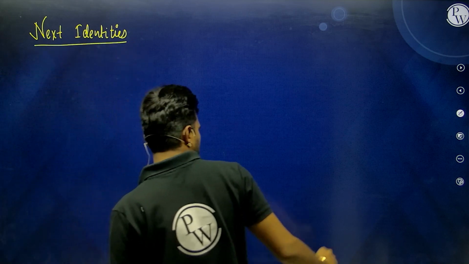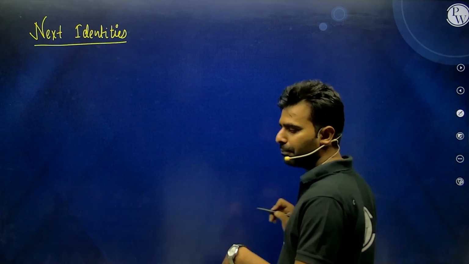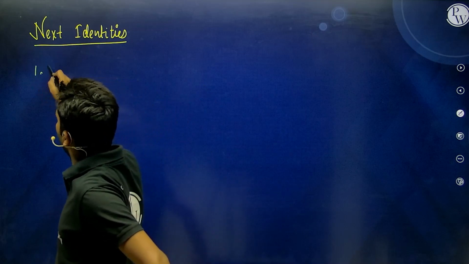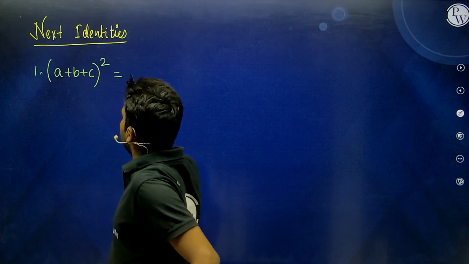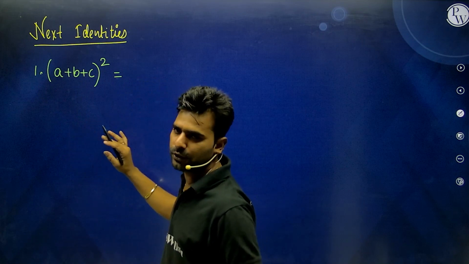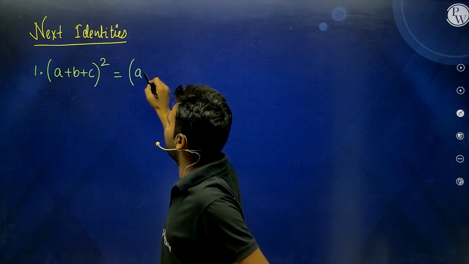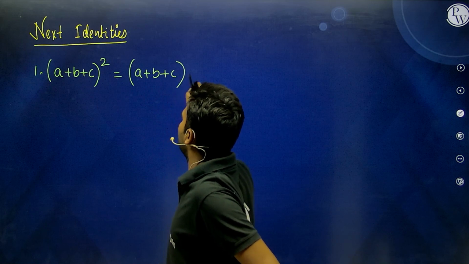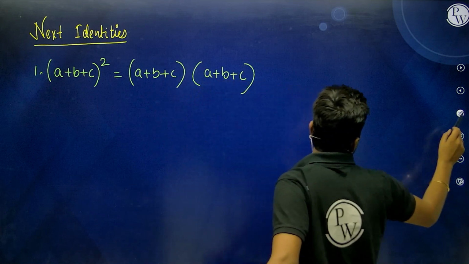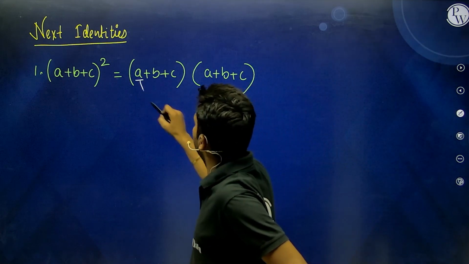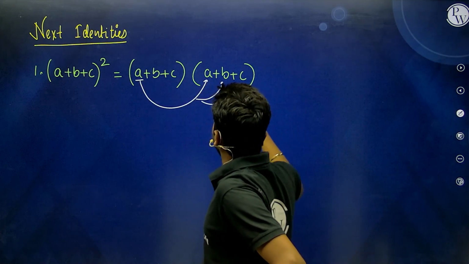Okay. So the first identity now we're going to take up is a plus b plus c to the whole power 2. Now, this you will have to remember. You have no other choice. How are we going to get it? Obviously, we're going to get this by multiplying these two things. If you multiply these two things, then this a will be multiplied with all three of them. 3 terms we're going to get.